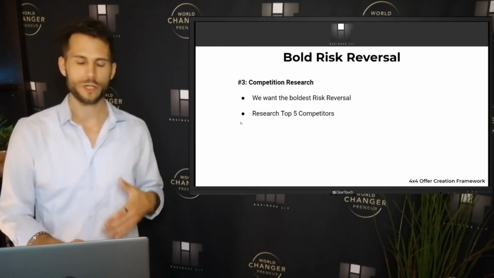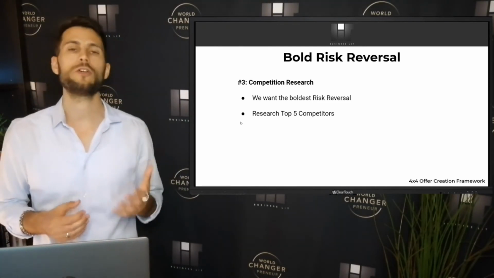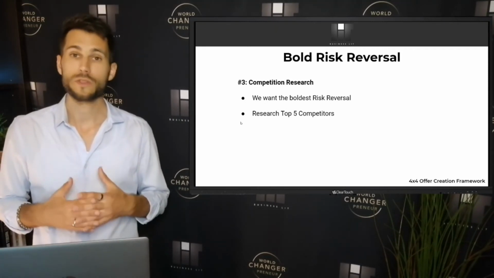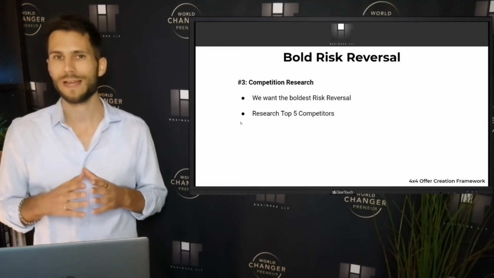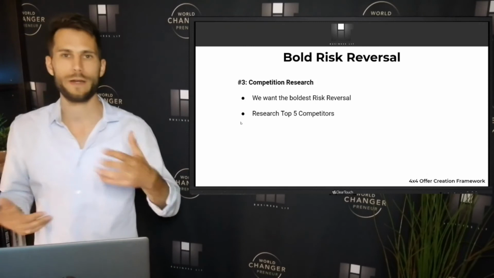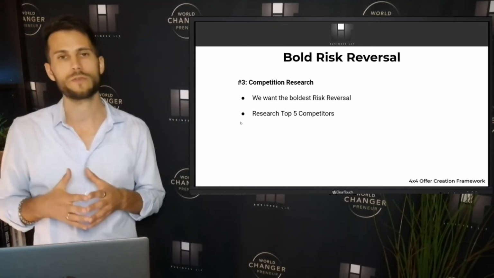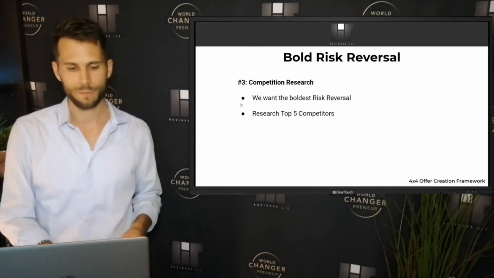So we're going to do a research of the top 5 competitors out there. We're going to study and look at their risk reversals, and you will see that most of them are not very good at this. So that's why I love this method, because it's so easy to become bolder, better, and use bold risk reversal in the right kind of way. So that is step number 3.